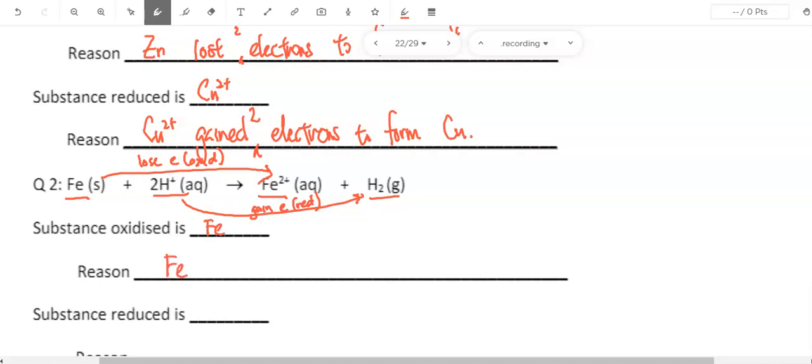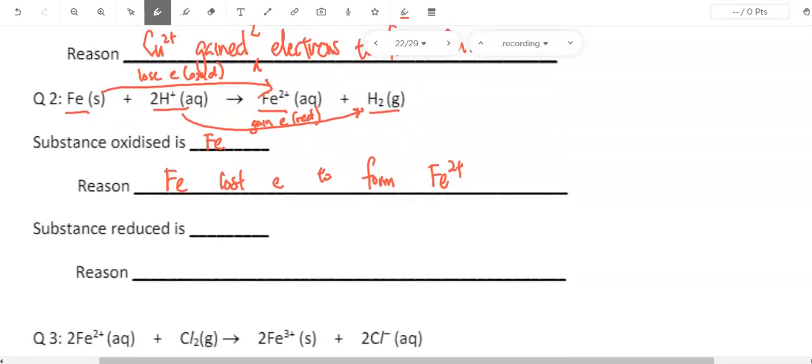The reason is because Fe lost electron to form Fe2 plus. The substance that's reduced, what is reduced? Reduced is actually your H plus. How do you know? It's because H plus gained electron. Please spell it out in full, don't just write e. To form H2. So you can see the before to the after.